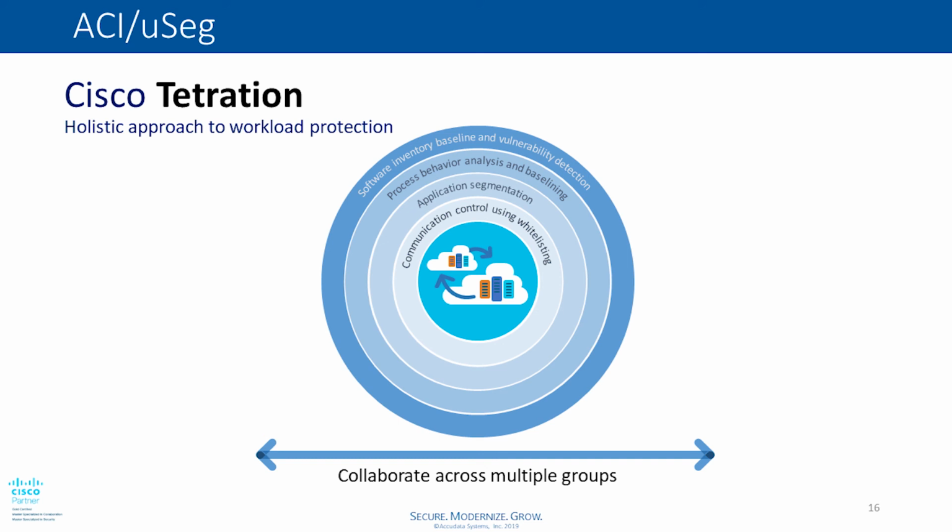Then application segmentation, this is segmentation based on application, not only on hardware, and policy enforcement. Process behavior analysis and baselining, and software inventory baseline and vulnerability detection. So Tetration can enable segmentation based on vulnerabilities announced by any kind of vendor or operating system.